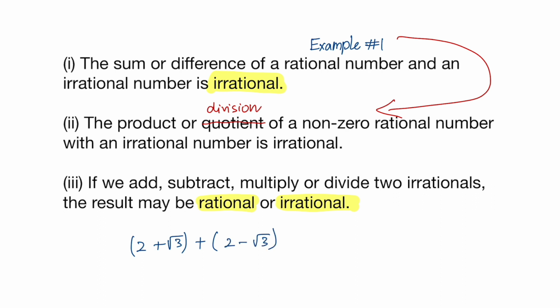Now these two are irrational numbers, right? Now if we add these two, the answer would be 4, right? Because this root 3 and this root 3 get cancelled, they get subtracted, right? So the answer is 4. So in addition also you might get a rational number. Addition of two irrational numbers might also lead to a rational number.